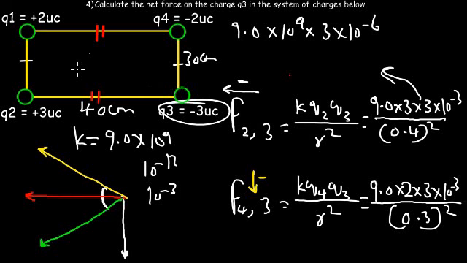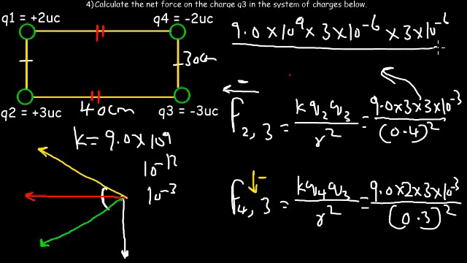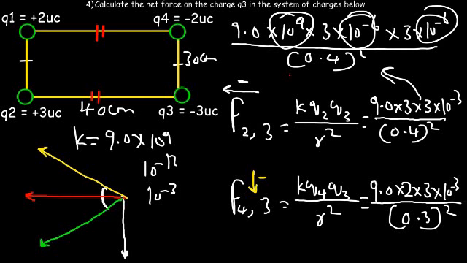They are measured in microcoulombs, so we need to multiply them by 10 raised to the power minus 6. 3 times 10 raised to the power minus 6, then multiplied by 3 times 10 raised to the power minus 6, then divided by 0.4 all squared. Now you can see that we can combine all these 10 raised to the power minus 6 respectively.